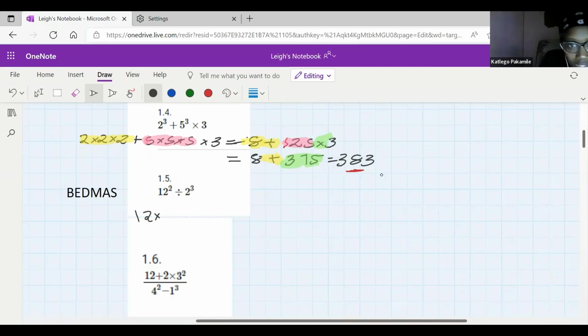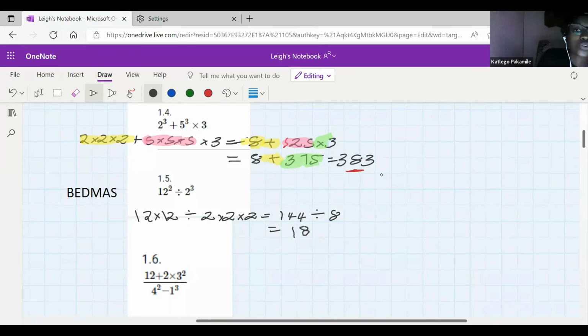What is 12 squared? 144. Okay. And then 2 cubed, which is 8. And then I said 144 divided by 8, and I got 18.